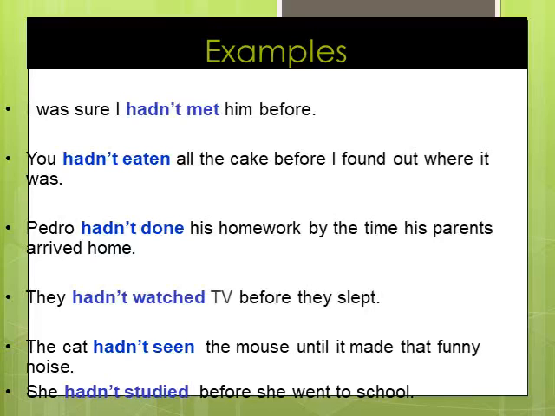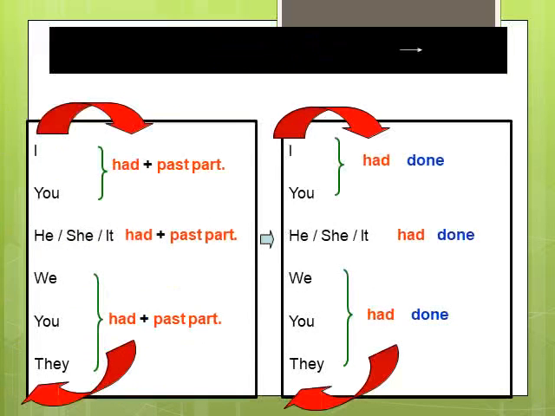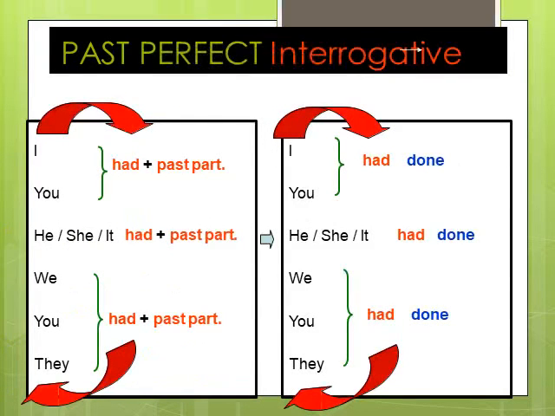Past perfect interrogative. To form a yes or no question using past perfect, we will start with had plus the subject plus the past participle of the verb. We will make an exchange because in the affirmative sentence we start with subject plus had.